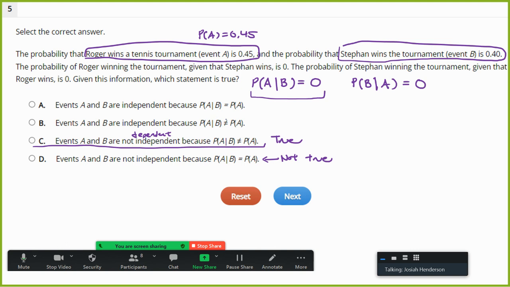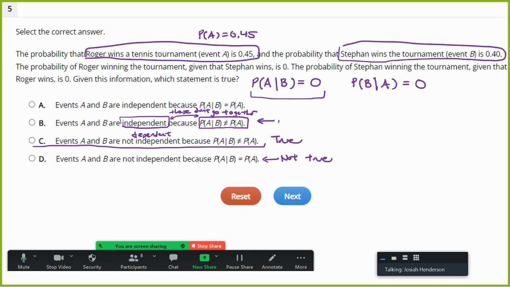Let's look at option B. Probability of A given B is not equal to A. So this section of option B is true, but it's not telling us the right thing. It's saying that it's independent, and we know that doesn't line up. These don't go together. So therefore, it's not B also.